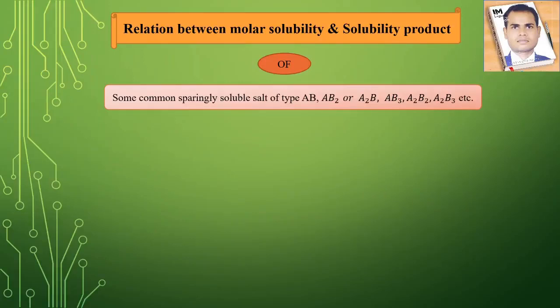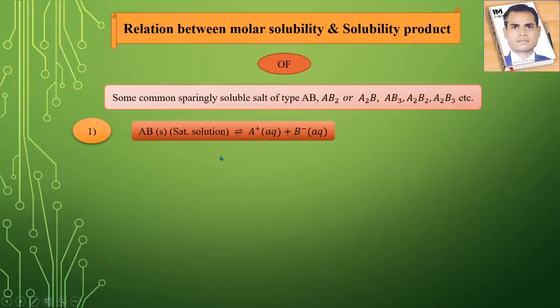We can see types AB, AB2 or A2B, AB3, A2B2, A2B3, etc. For this kind of sparingly soluble salt, we have to see the relationship between molar solubility and solubility product. First of all, we have to consider the sparingly soluble salt of type first, AB.